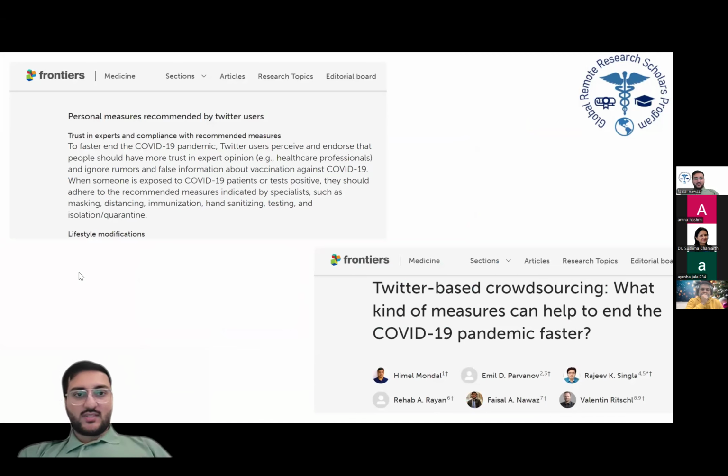On your right, you can see how the paper was again published in a very reputable journal. And on the left side, the recommendations that were created. So, personal measures recommended by Twitter users, lifestyle modifications, trust in experts. So, very fascinating ways of doing research using ideas from everyone else.